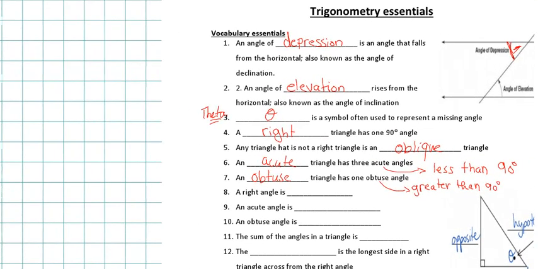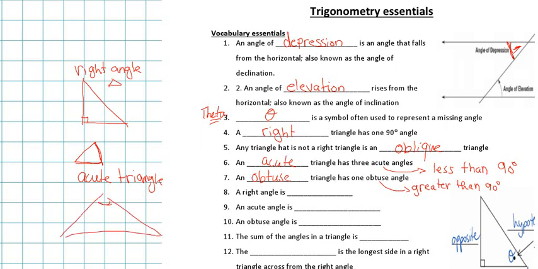So, right angle triangle, right? Then you have the acute triangle, because you see that all the angles are less than 90, and then you have the obtuse triangle because you have an angle that's greater than 90.